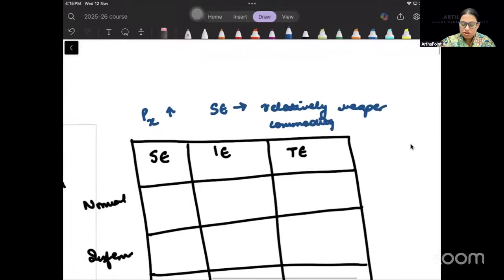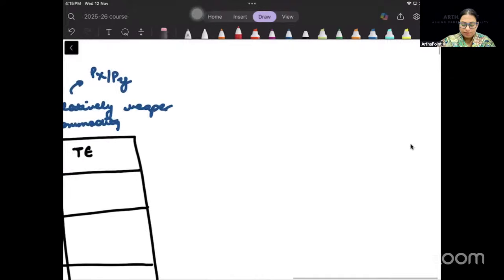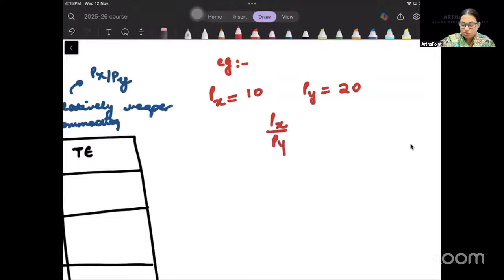Relative always means price ratio, it is not an actual price comparison. For example, if I say price of good X is 10, price of good Y is 20, then the relative price ratio is 1/2, which means 0.50.